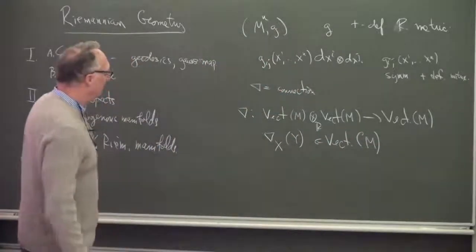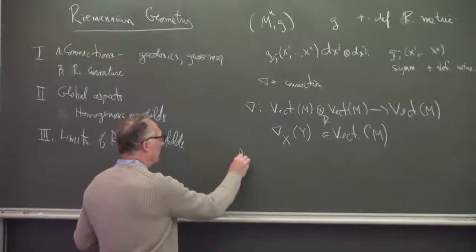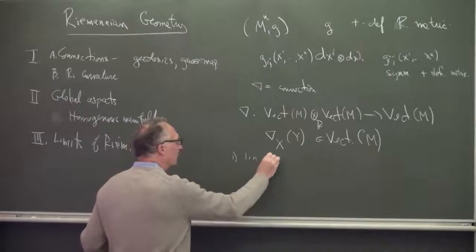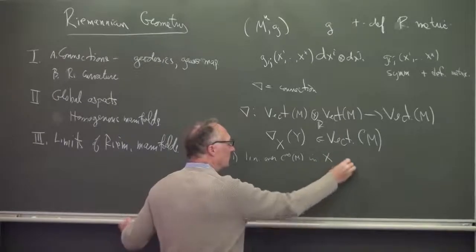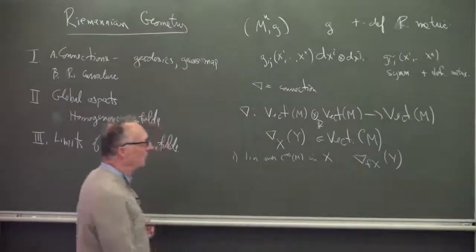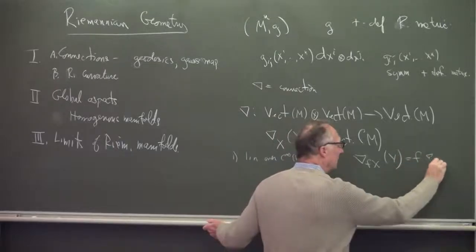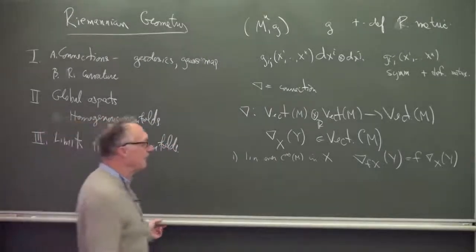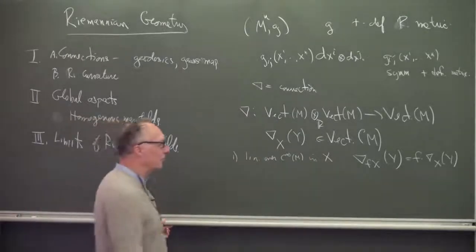The basic properties that this connection is required to satisfy are, first of all, that it's linear over the functions in the first variable. This is simply the equation that if you differentiate in the direction fx, the function pulls out. It's not linear over the functions in the second variable.